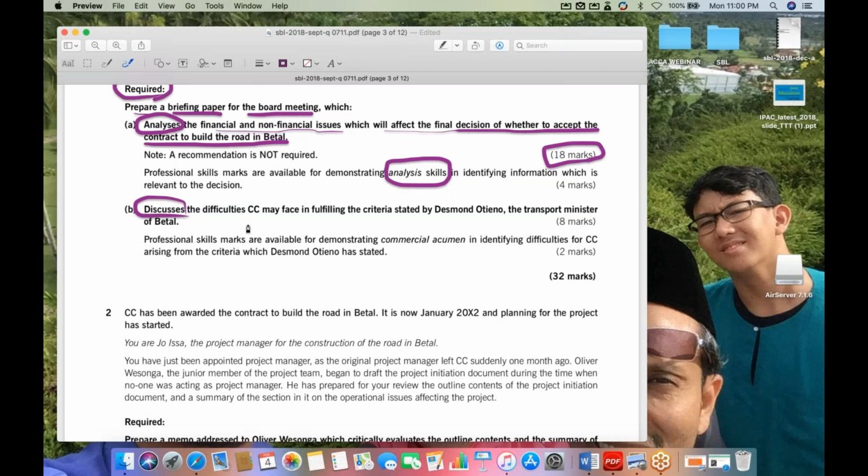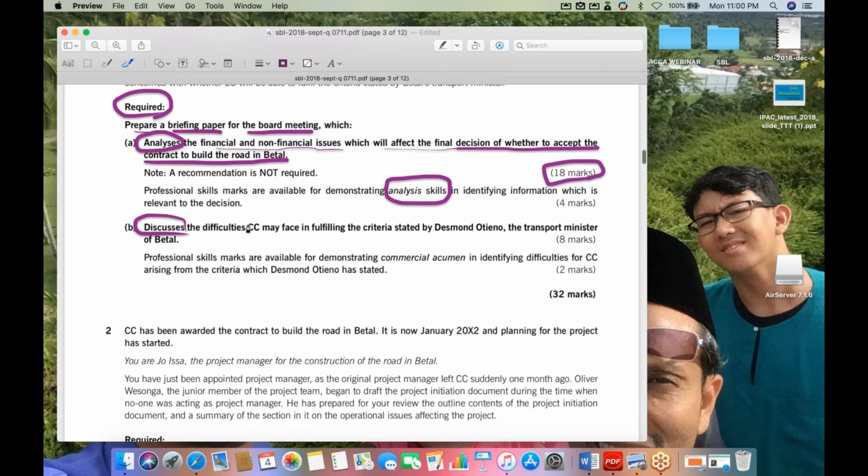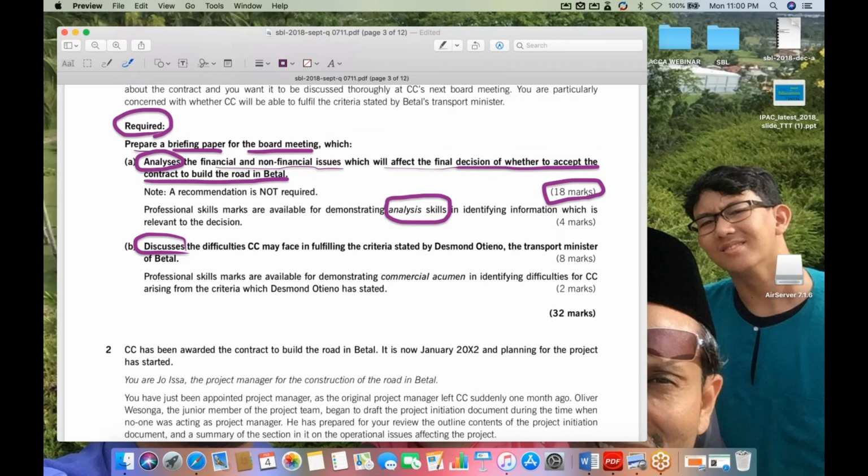The verb that you're going to have here. Remember, this particular briefing paper comprises two things that you must have inside there. Part A is on this and part B will be on this.